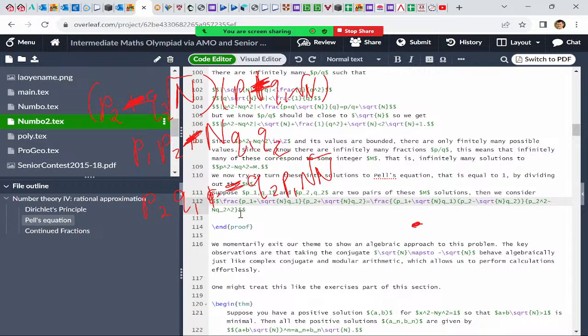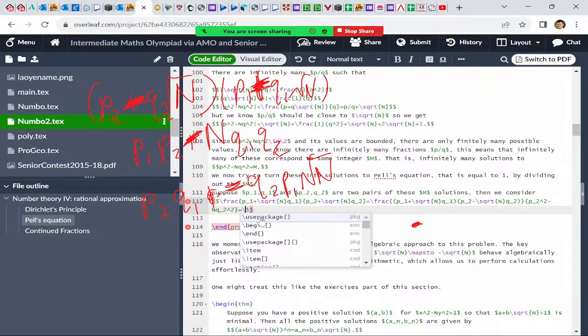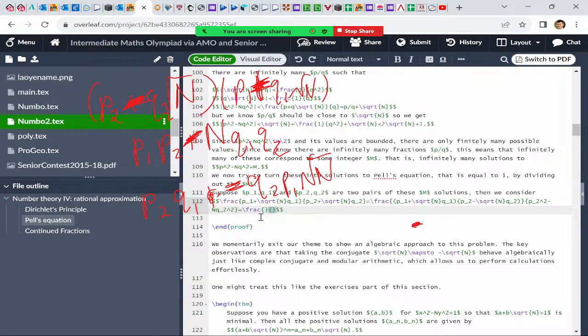Okay, and that's equal to, remember P2 squared minus n Q2 squared is just m, right?